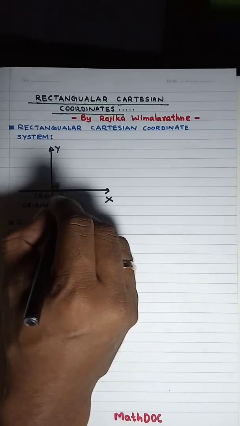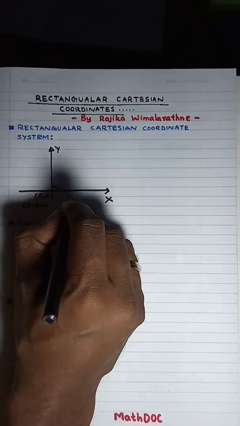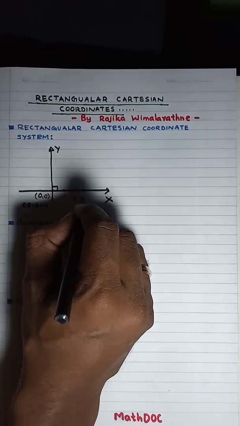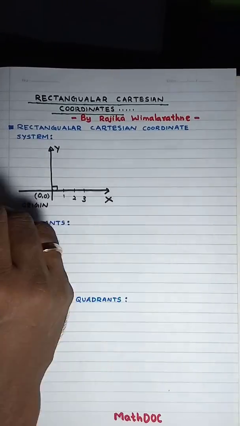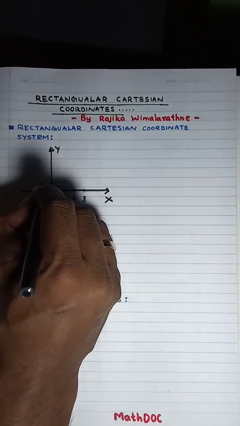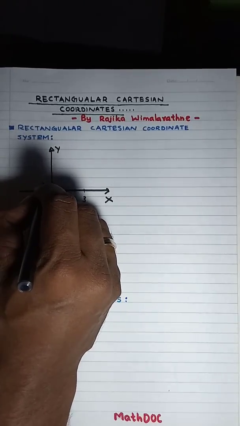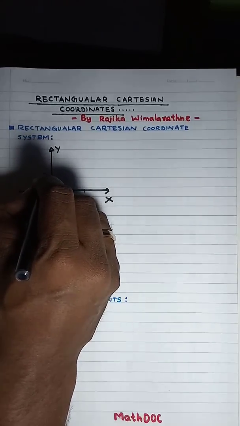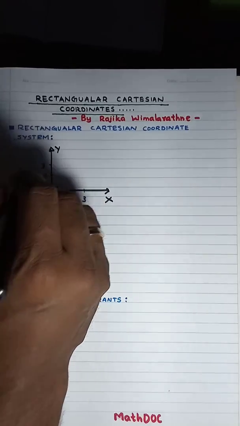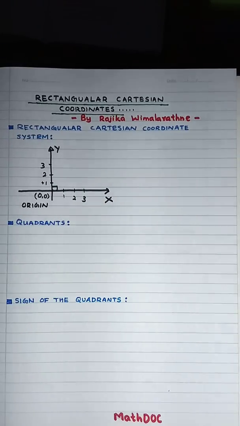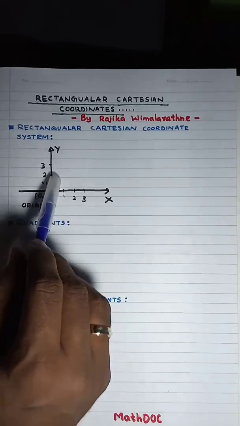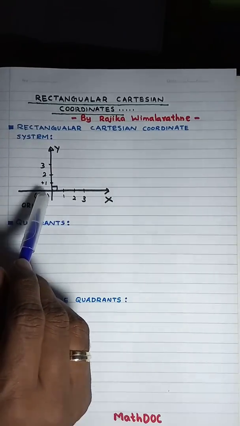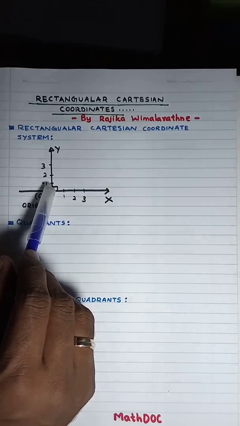On the real number lines, we have points 1, 2, 3, likewise we can get coordinates minus 1, plus 1, plus 2, plus 3. This is the rectangular Cartesian coordinate system. This axis we call the x-axis, this axis the y-axis, and this point the origin.